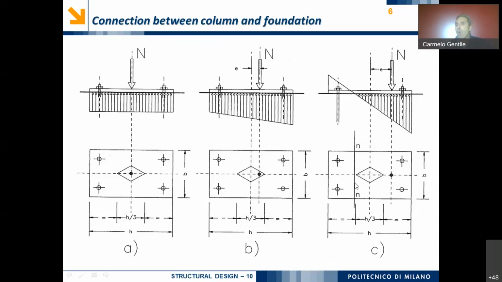But now what is happening? The plate continues to rotate by remaining plane. But this part of the plate is no longer in contact with the block of reinforced concrete.